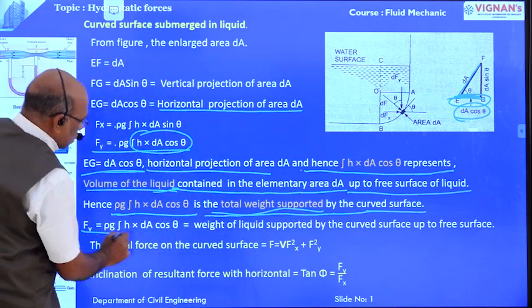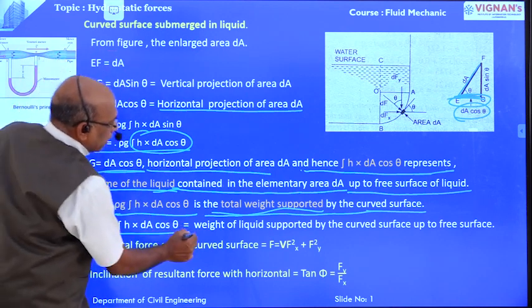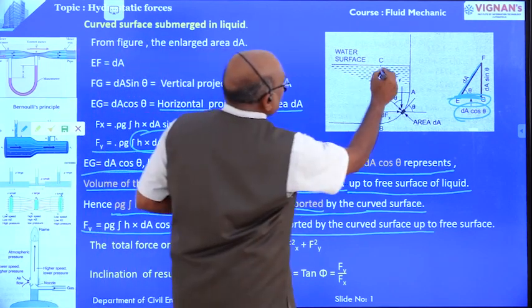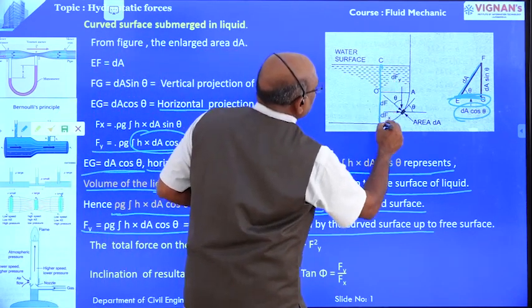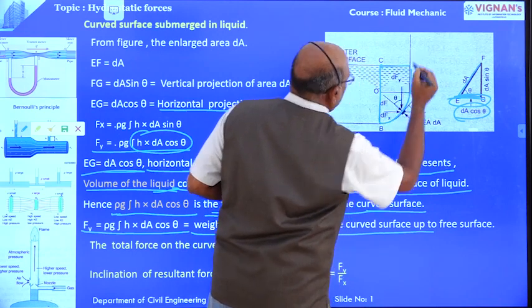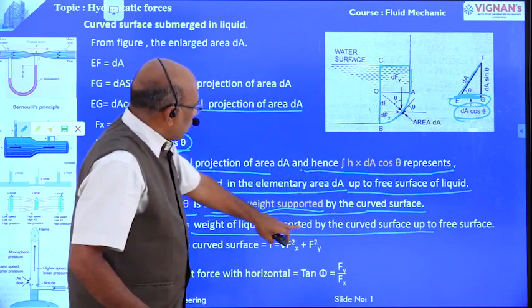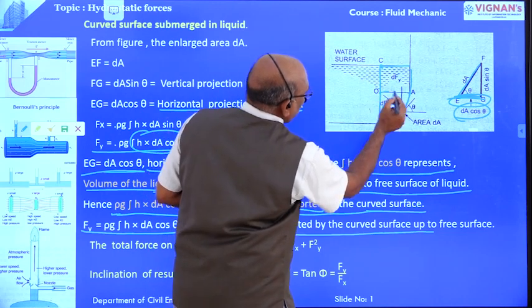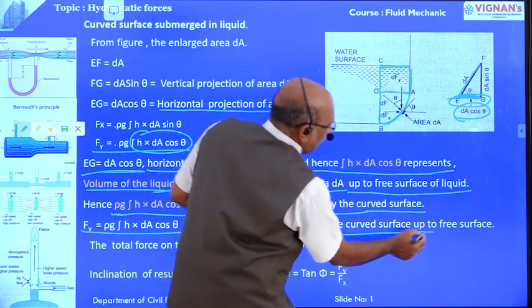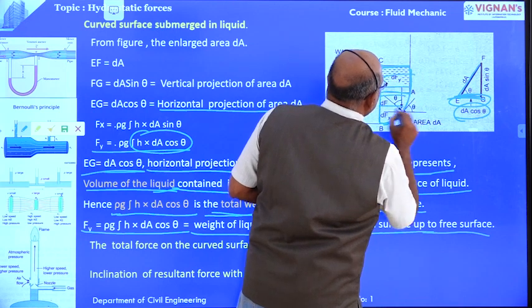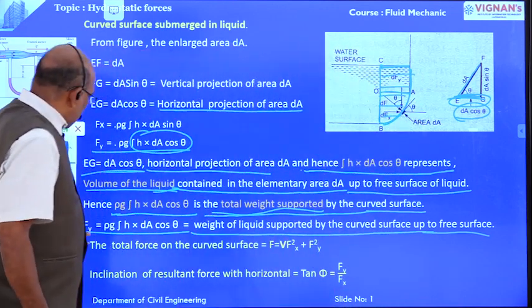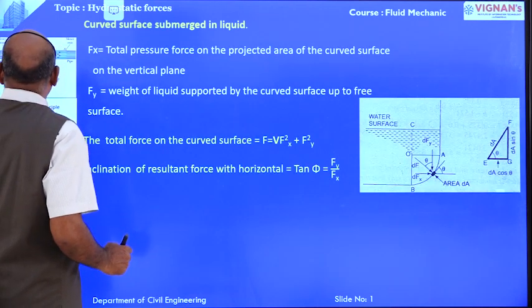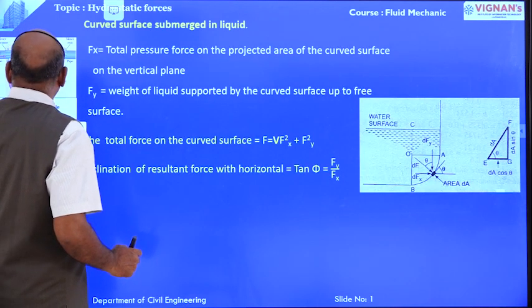Therefore, Fy is also nothing but the weight of liquid supported by the curved surface up to the free surface. This is the curved surface. Weight of liquid supported by the curved surface up to the free surface. This is known as the Fy. Right?